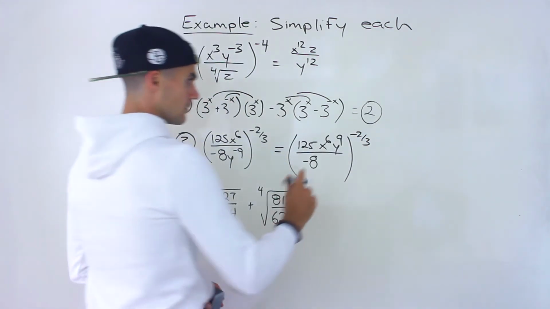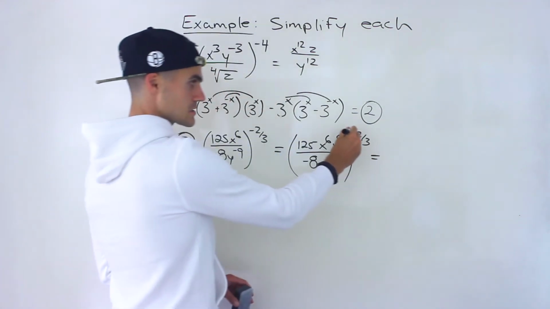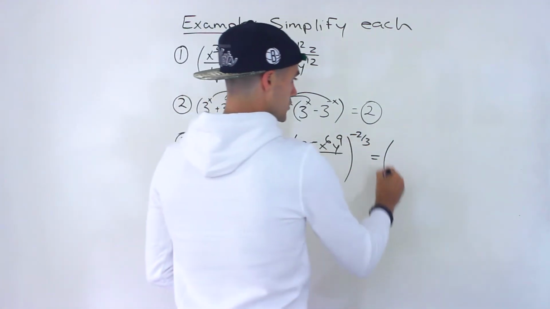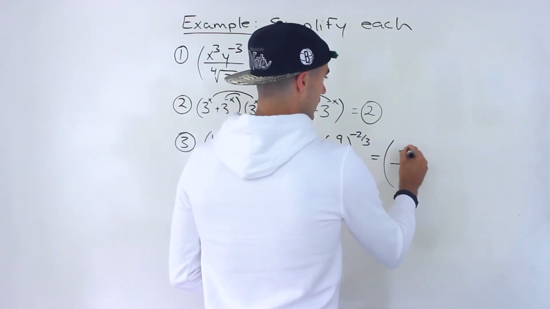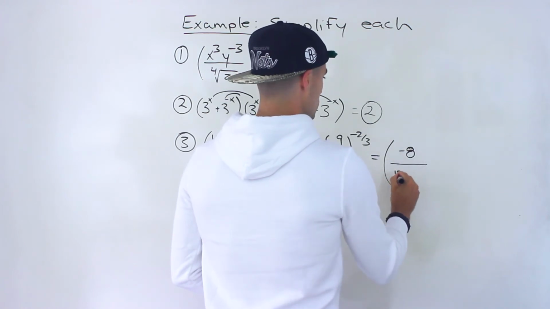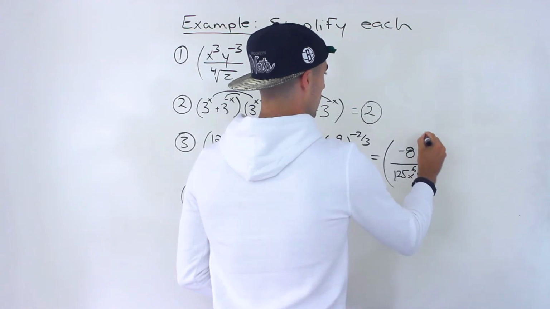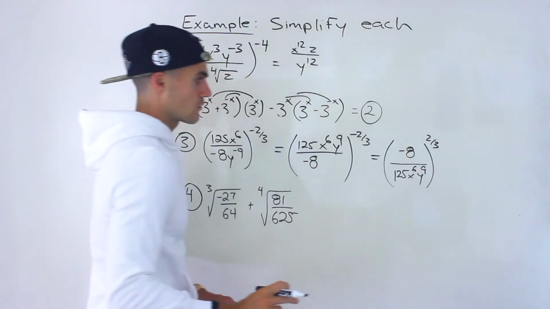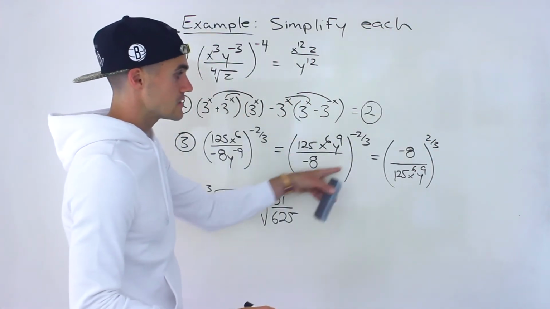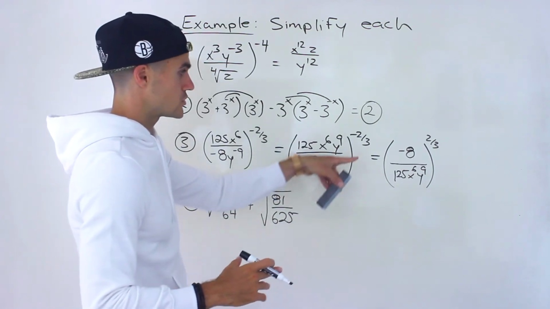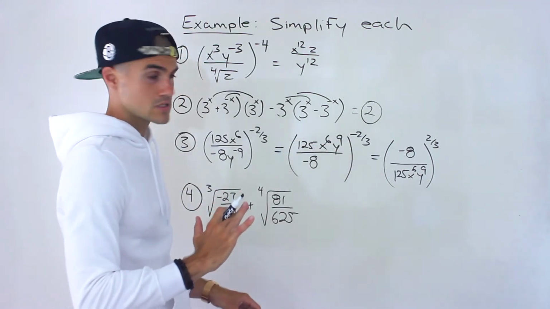Then from here, because this exponent is negative, I'm going to flip this fraction. So we'd have negative 8 over 125 x to the 6, y to the 9, all to the power of positive 2 over 3. Now this negative stays within that term. That's not the negative that changes, only the exponent on the outside changes.